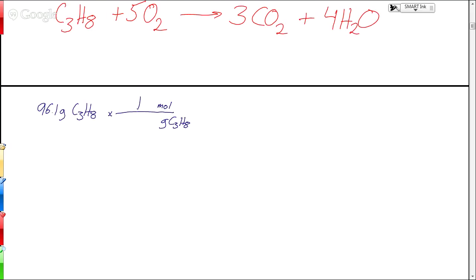How many grams of C3H8 are in 1 mole? About 44.